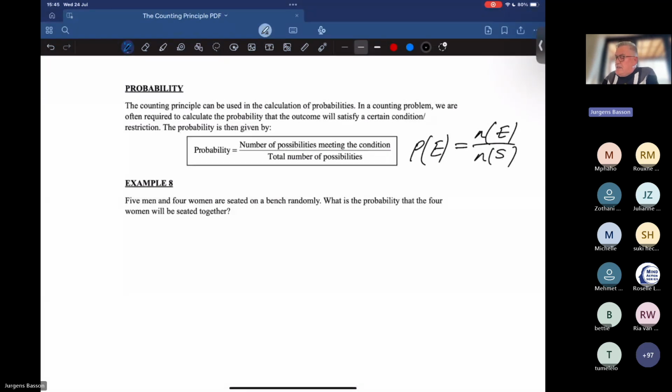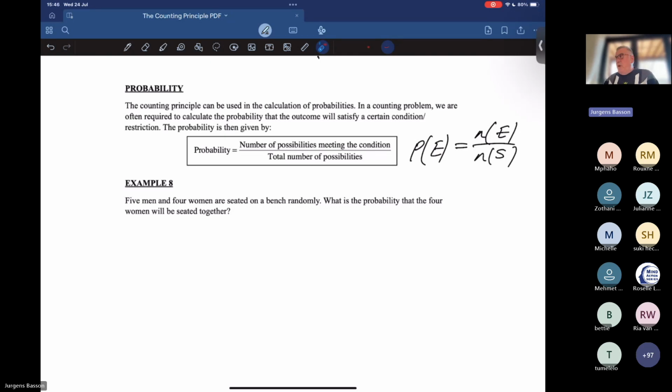So you will see I say the number of possibilities meeting the condition, or we can say restriction. So your numerator in a probability will be your restriction. Your denominator, total number of possibilities. That means no restriction. So below the line, no restriction. Above the line, there will be a restriction.